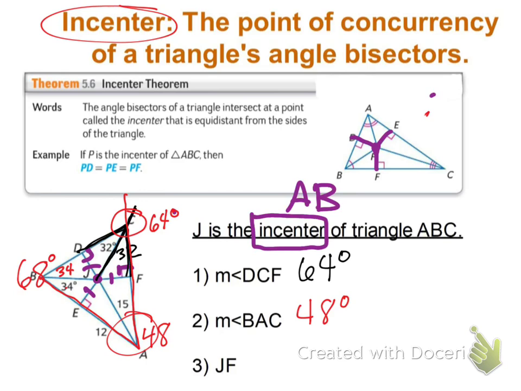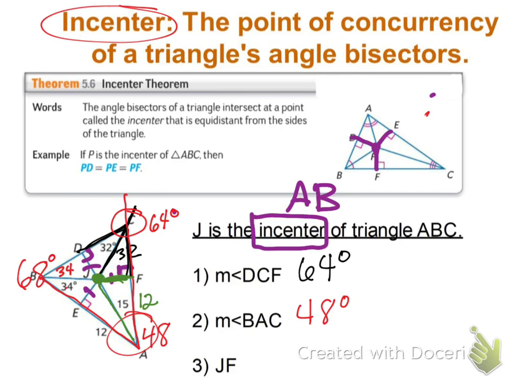Then they want us to find JF. Where is J? Oh, J is the middle. So J is the incenter. So if I want to find JF, I know this side here is 15, and I know that from F to A, it's going to be 12.